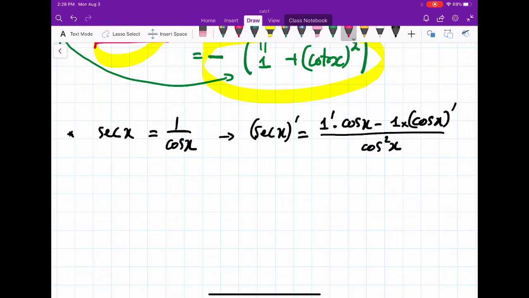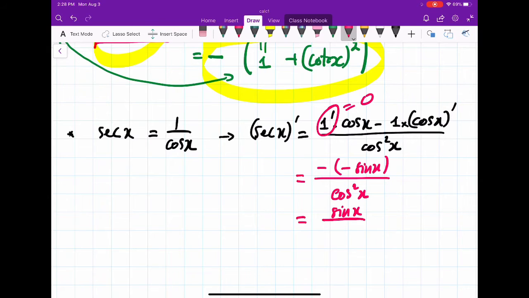But the derivative of 1 is 0, so we don't have the first term. For the second term, I have negative sine of x, because the derivative of cosine is negative sine, right? So you have in here cosine squared x. So that is sine x over cosine squared x.